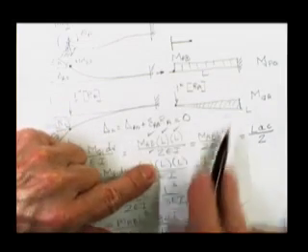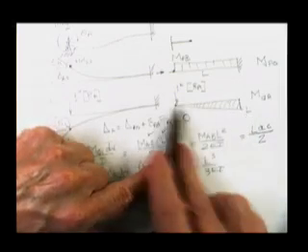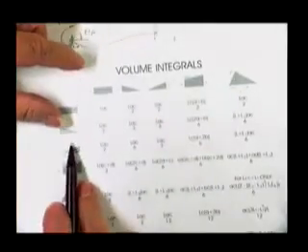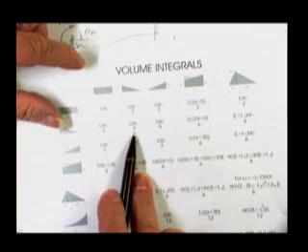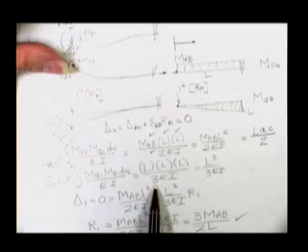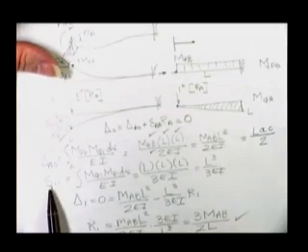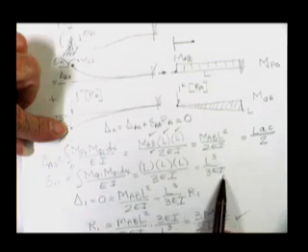The length of the beam is L. The height due to the real load is L. The height due to a unit load is L. A triangle with a triangle, both facing the same way, is LAC over 3, and then I need an EI. So the deflection at the end of a cantilever beam due to a unit load is L cubed over 3EI.